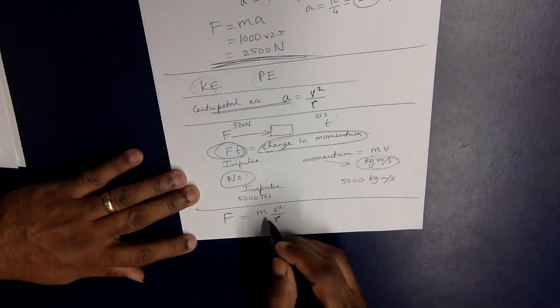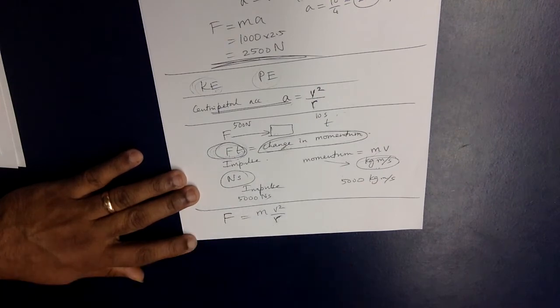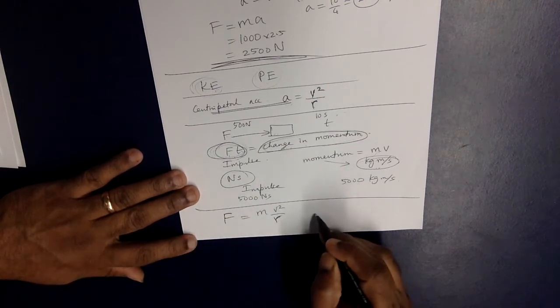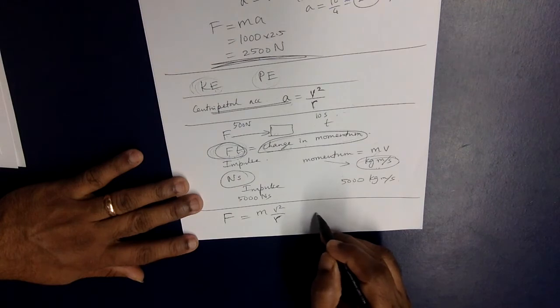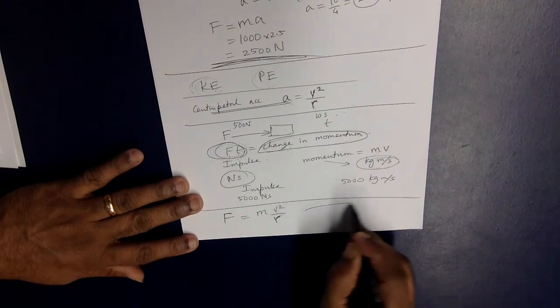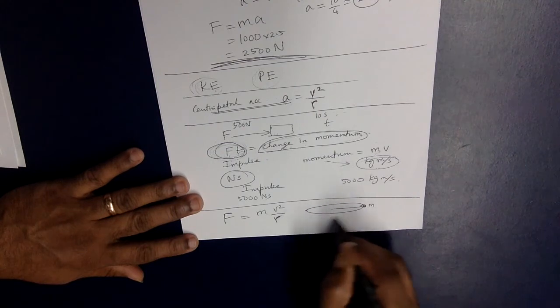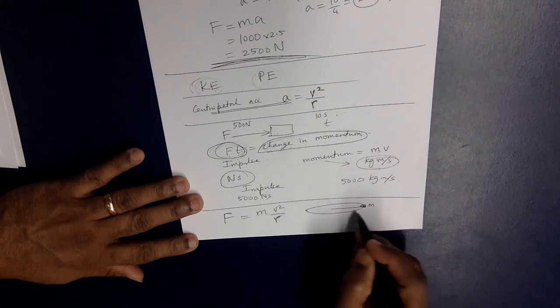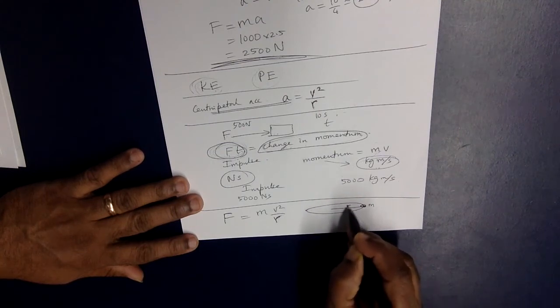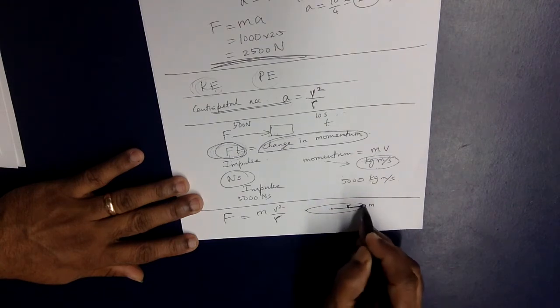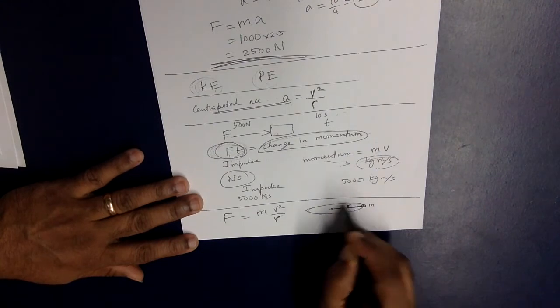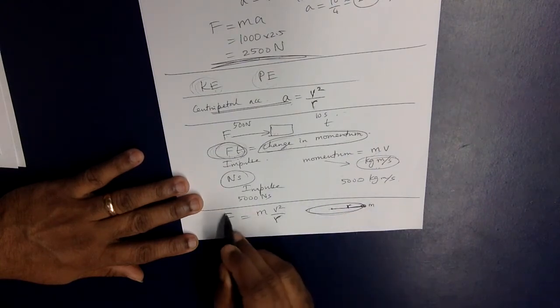So if you're told that you have, let's say, a string that you tied an object of a certain mass to, and you just keep whirling the string round and round. And the question is, the string's length is given to you. See, that's the radius. So if the string is going round and round, what is the centripetal force?